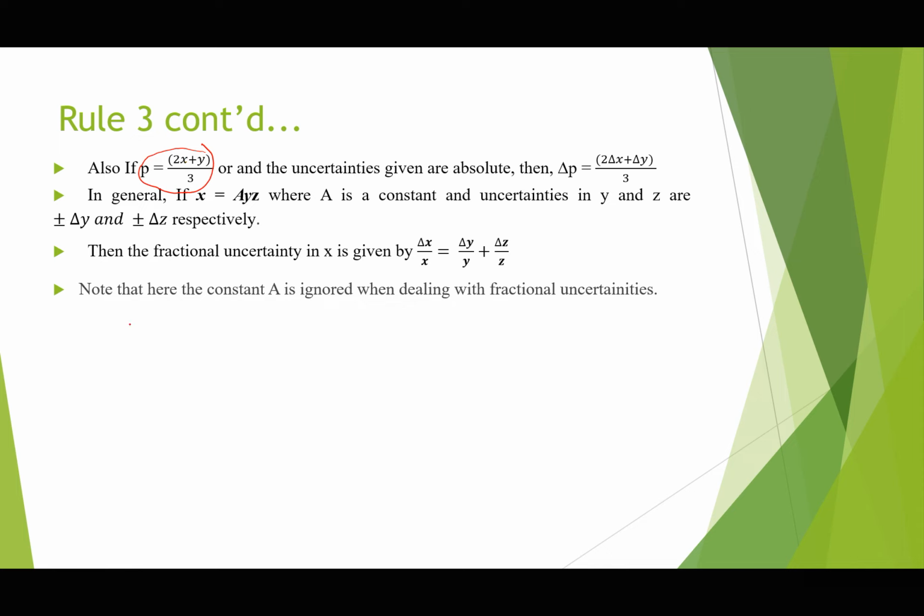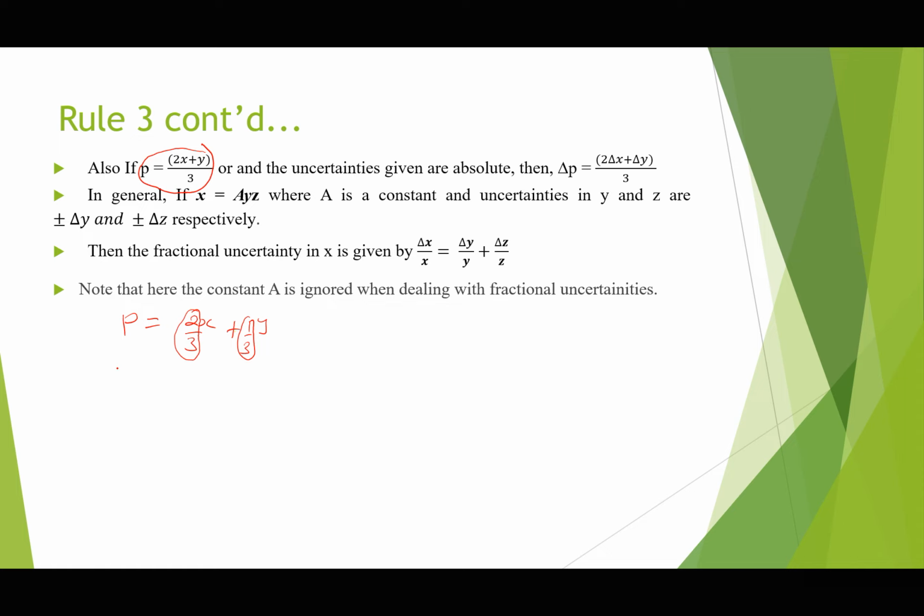So it's like writing P as 2x over 3 plus y, or a third, times y. So it means this is a constant. 2 over 3 is a constant, 1 over 3 is a constant.